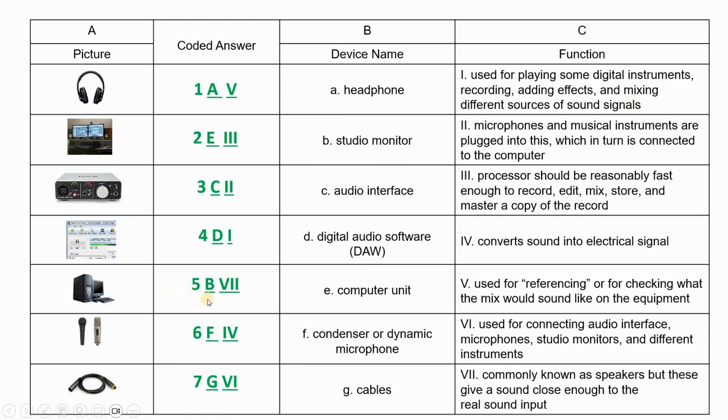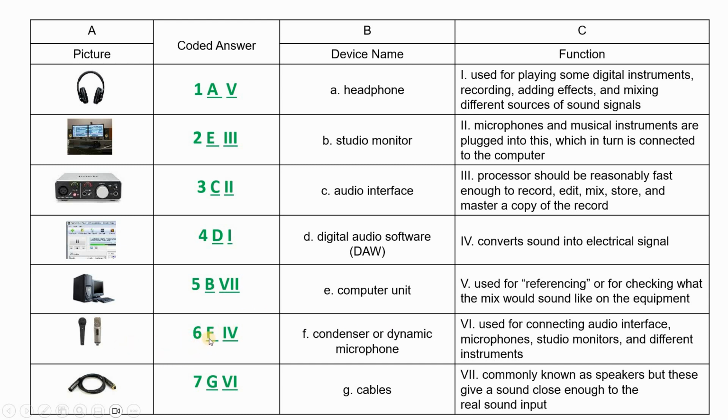The fifth item is called a studio monitor, and it's commonly known as speakers, but these give a sound close enough to the real sound input. Just like your computer screen can serve as a visual monitor, these studio monitors give off audio input for monitoring purposes.